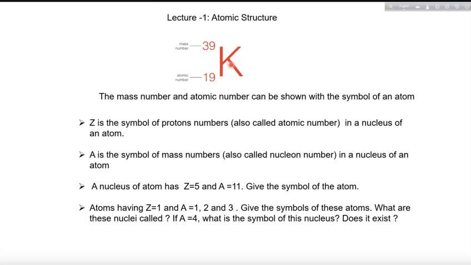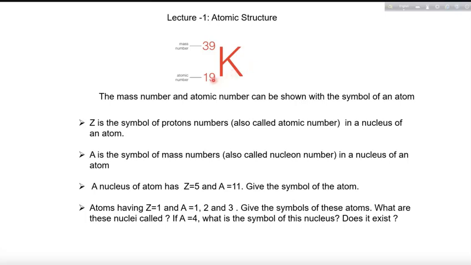Now, if we keep Z equal to 1 and change the mass number, say A equal to 1, 2, and 3, what will be the symbol then? We write H here, and then 1 here and 1 here. We call this the symbol of the hydrogen atom.